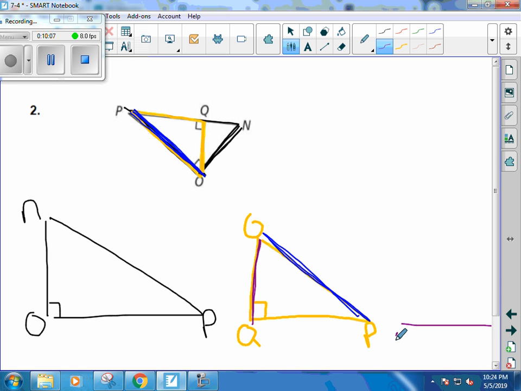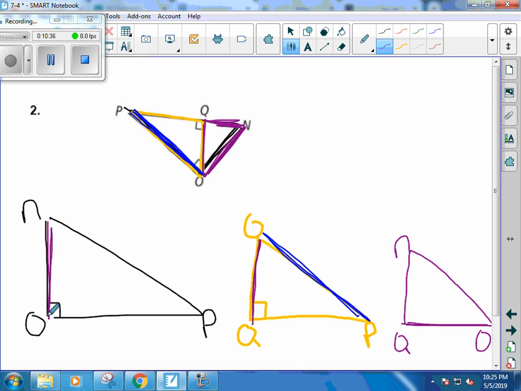So Q remains my right angle, which means this will be O coming up. Here's what I'm looking at. Short leg is N to Q. Long leg was Q to O, which I already got. And then the hypotenuse, O N, which was also the leg of the bigger one.